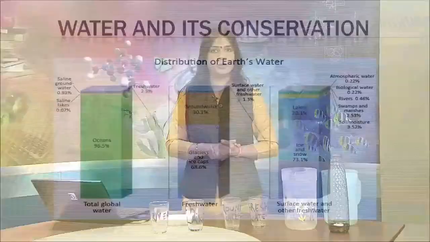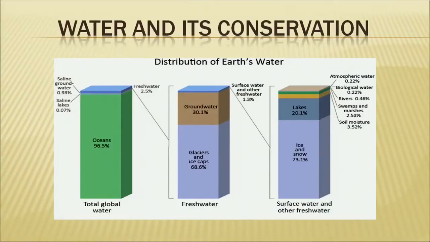Now, to help you understand this slide, where we are saying almost 97% of water is not available for you and me, because it's in the oceans, and that is saline water. And only 3% of the water is available to us.